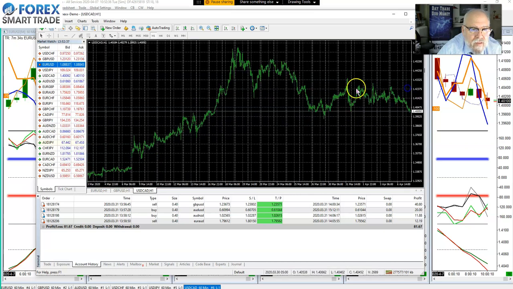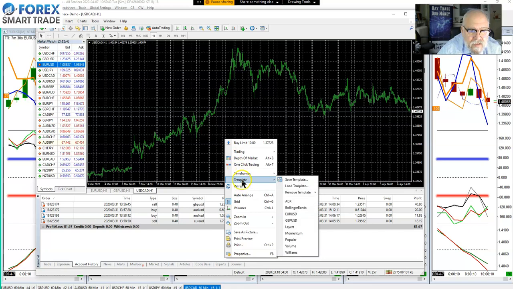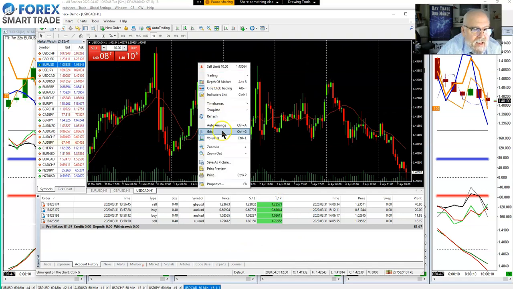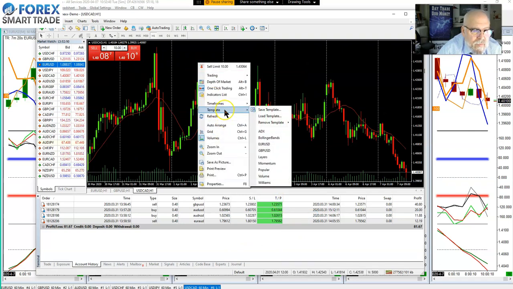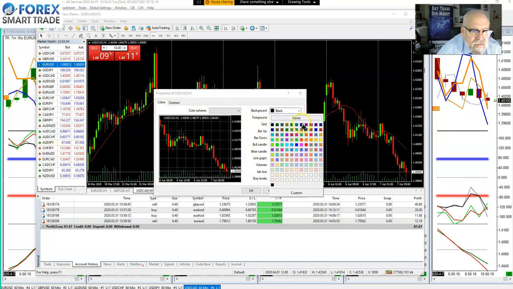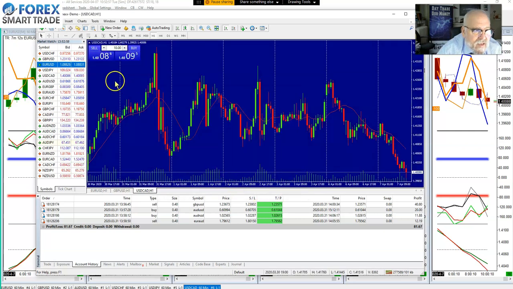I don't like the default, so I've created templates. So if I right-click Template, I'm going to bring up a template, and I like to arrange the templates in different colors. So I'm going to make this one blue. That way I don't make a mistake when I'm trading.